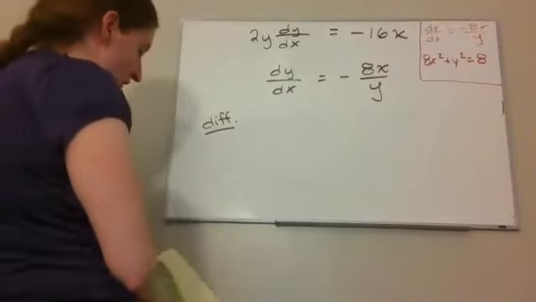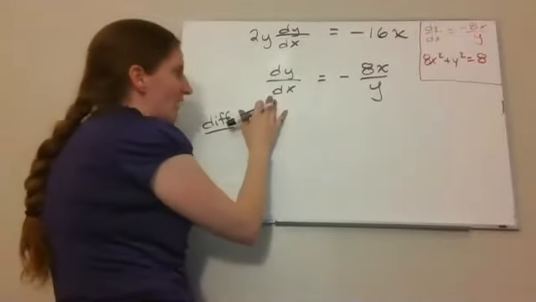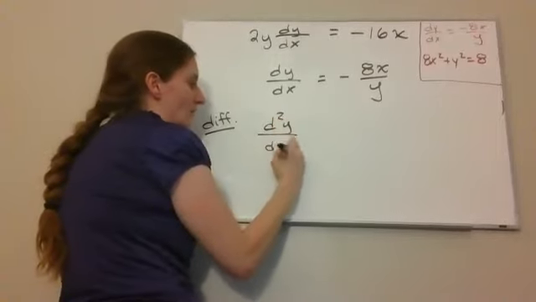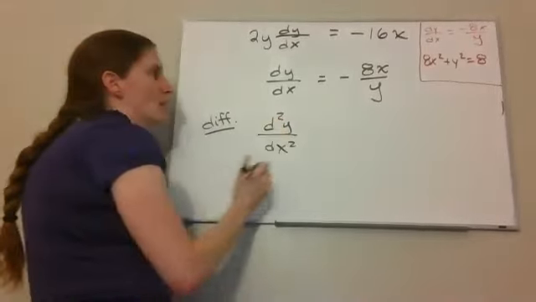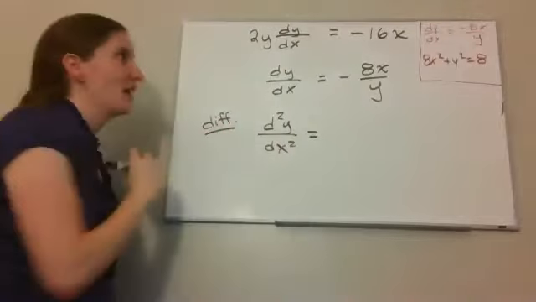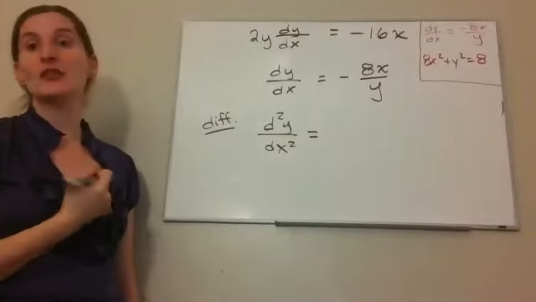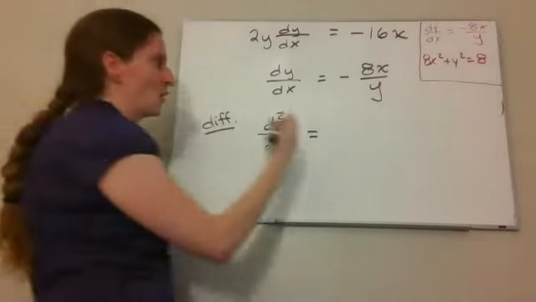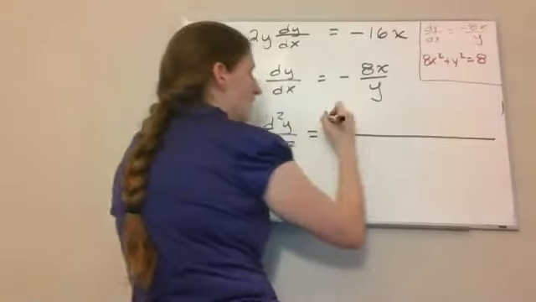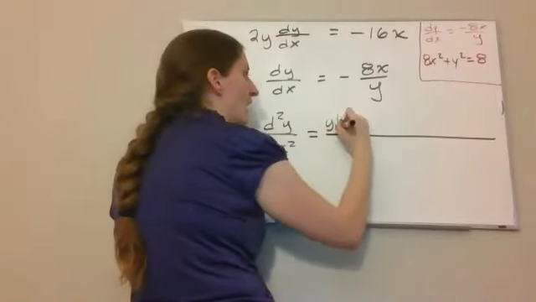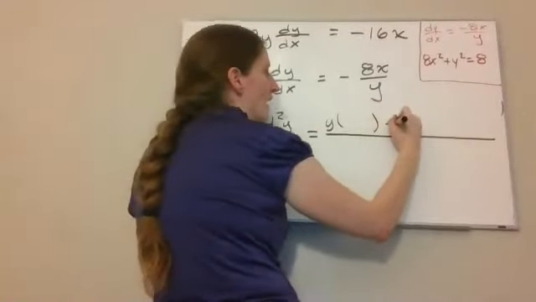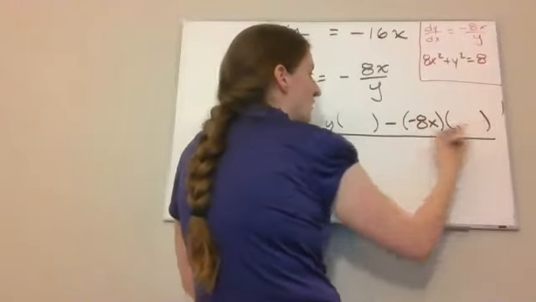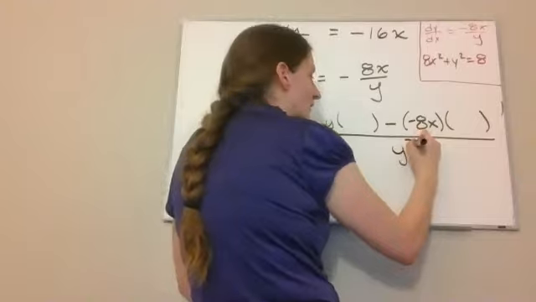When I take the derivative of dy dx, that is going to get me my second derivative. And over on this right side, that's a quotient rule. So we have to do a quotient rule with implicit differentiation. My quotient rule says low d high minus high d low, square the bottom, and away we go.